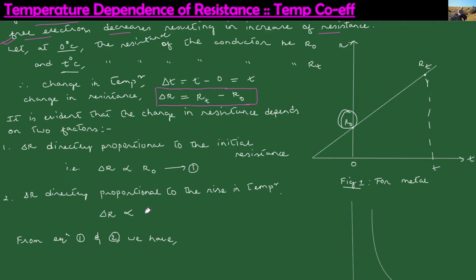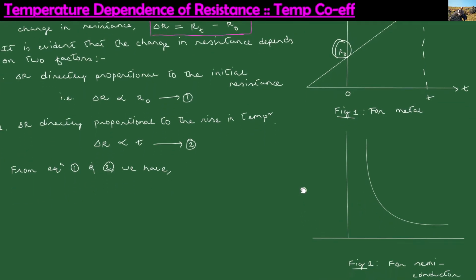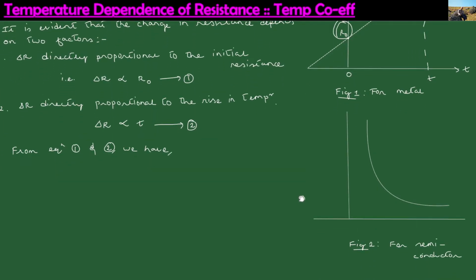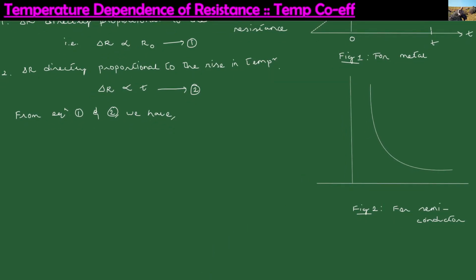The change in temperature will be T. We will mark this as condition number 2 or equation 2. So from these two equations, this will be the plot for metals and this will be the plot for semiconductors.